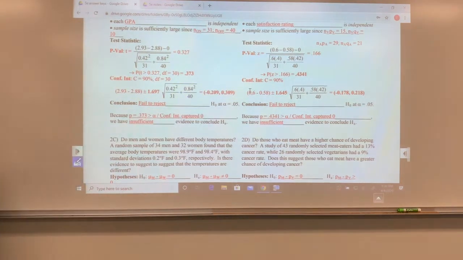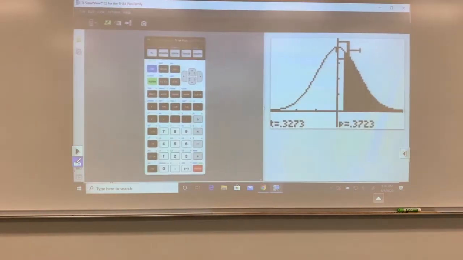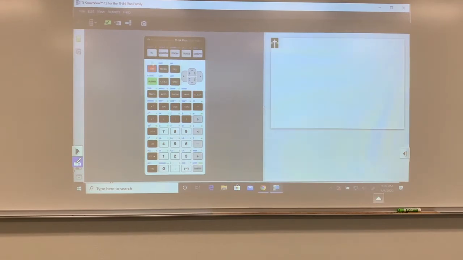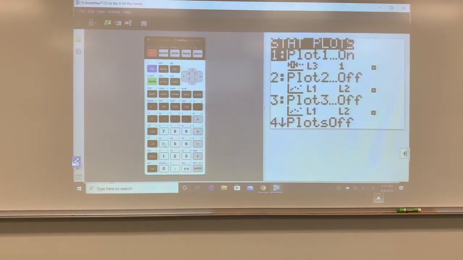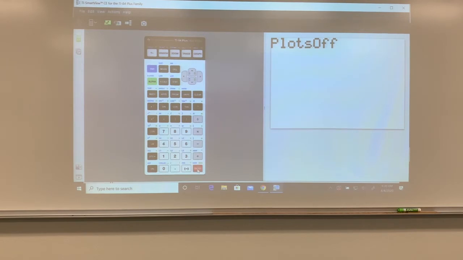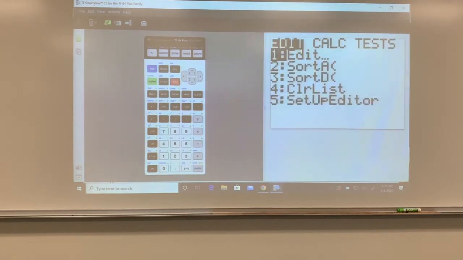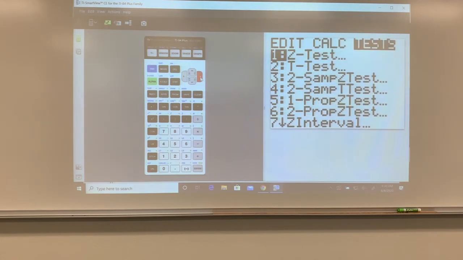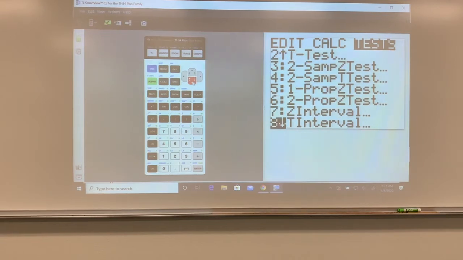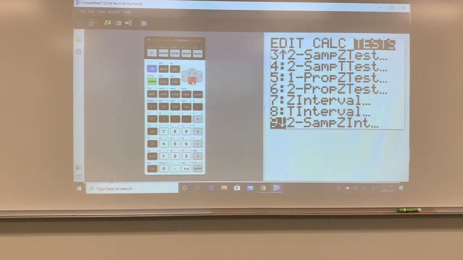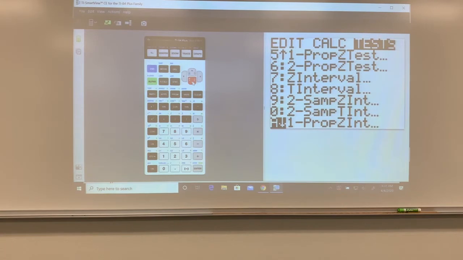All right. Get rid of the chart here. All right, stat, tests, and I'm going to go to 2-sample t interval.